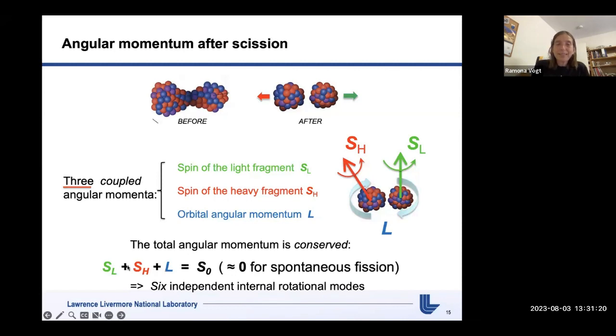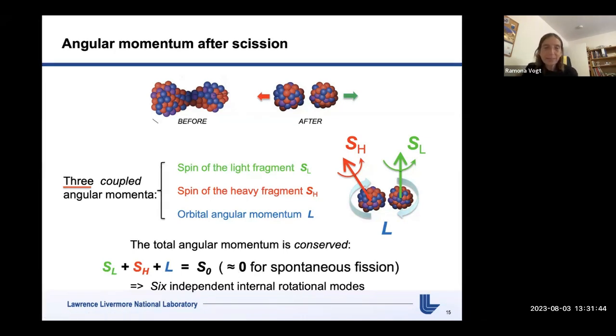We had this whole workshop last year in Seattle, and one of the things that was talked about a lot was this triangular relationship. Nathan knows all about that. He was there. But anyway, this is S0 for induced fission and 0 for spontaneous fission.